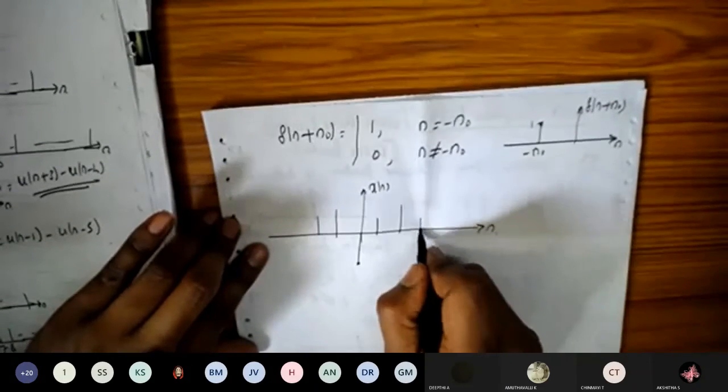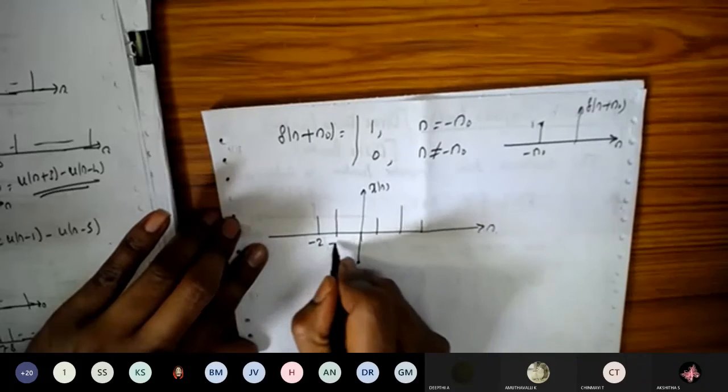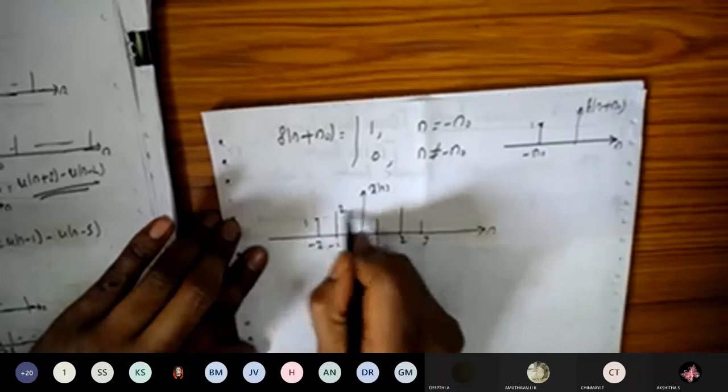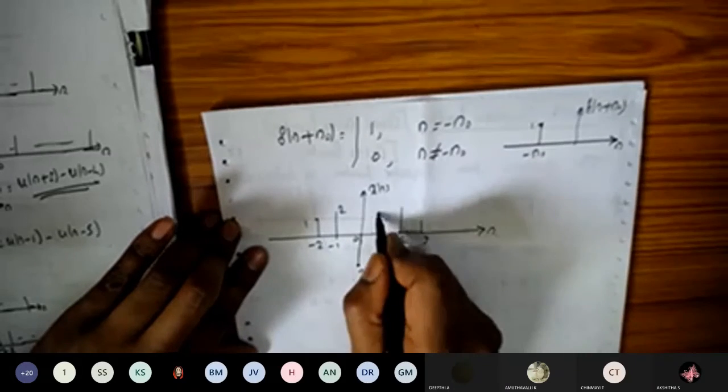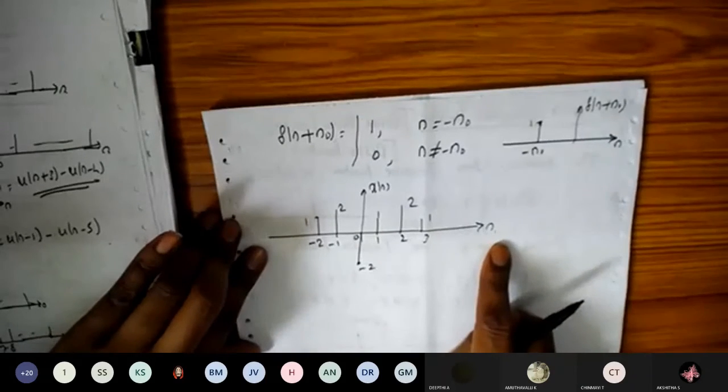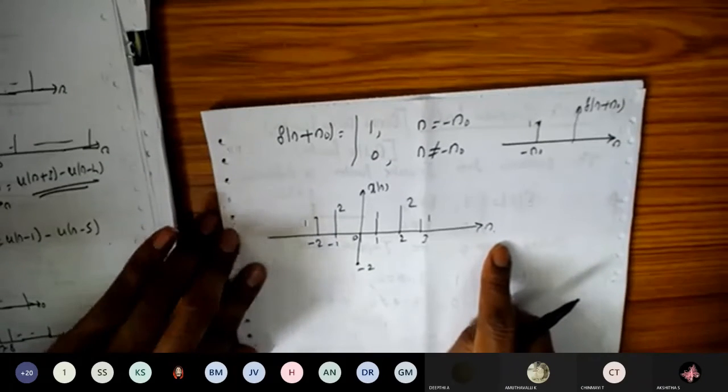This is at -2, -1, 0, 1, 2, 3, with values 1, 2, -2, 1, 2, 1.